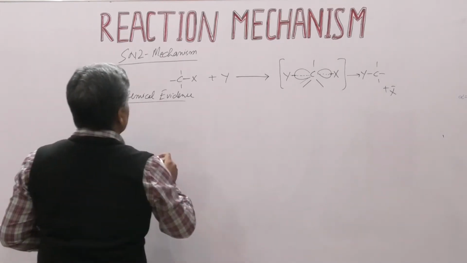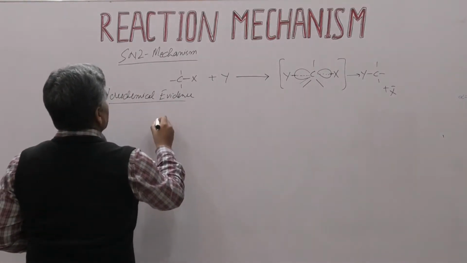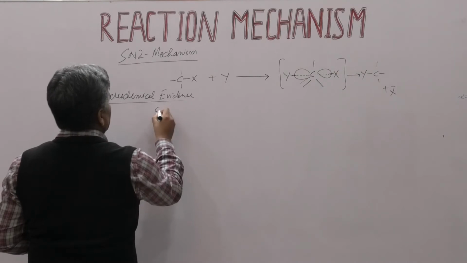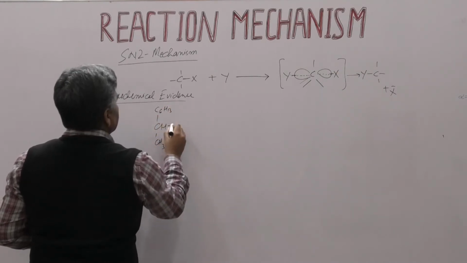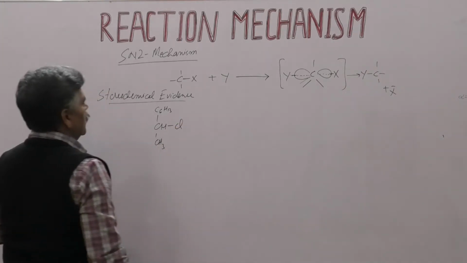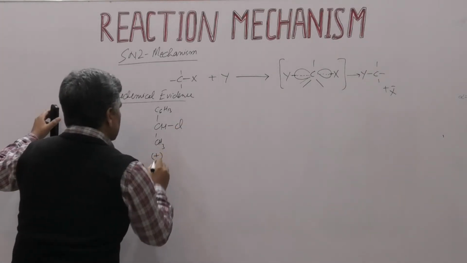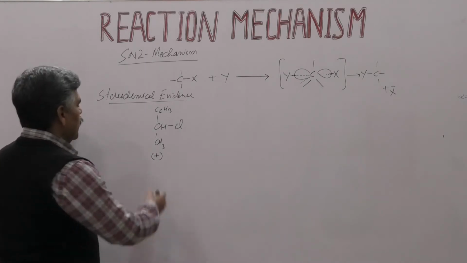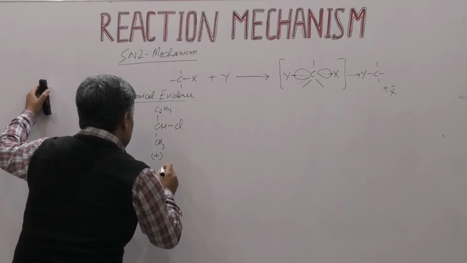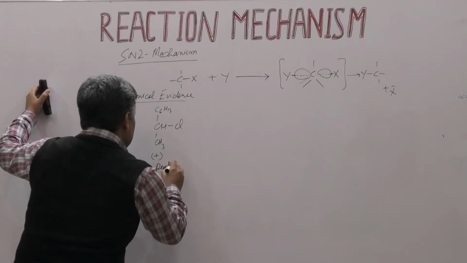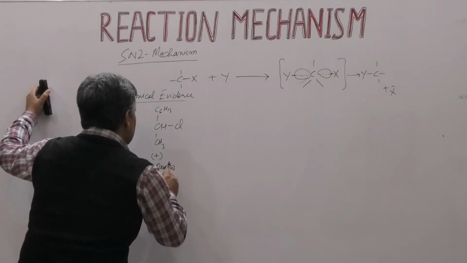mechanism. Suppose we have CH, here we have C6H13, here we have CH3, and here we have Cl. Suppose this is a dextrorotatory enantiomer having positive rotation.